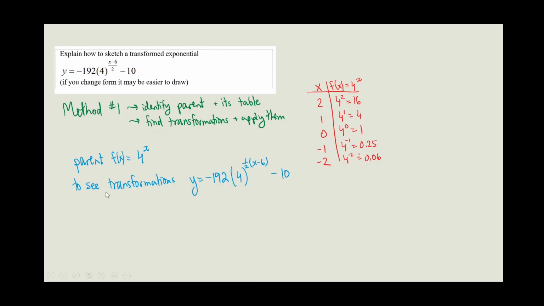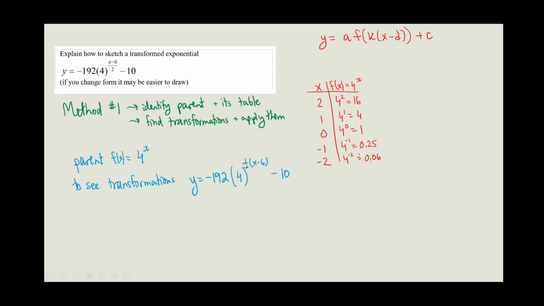To see the transformations, we want to potentially rewrite the format of the exponent a little bit so that it matches more closely to this form in general. We want to have a constant multiple or coefficient on the x, and the way it's written here with a fraction, it is not as obvious what that constant would be.